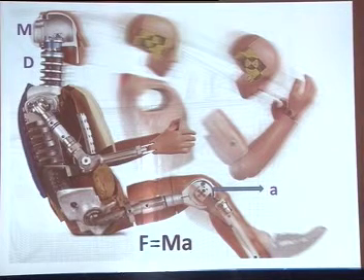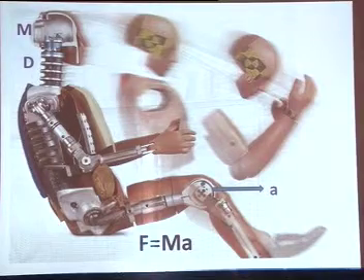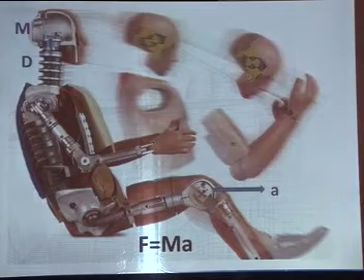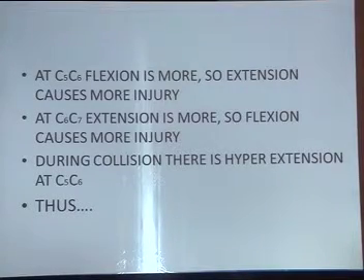I am giving an example, that a person is driving a car. In that case, force is the most, means mass into acceleration, that doesn't matter. In C5, C6, flexion is more than extension. In C6, C7, extension is more than flexion. And it is proved also that movement in the direction opposite to the one with more range will cause more injury.